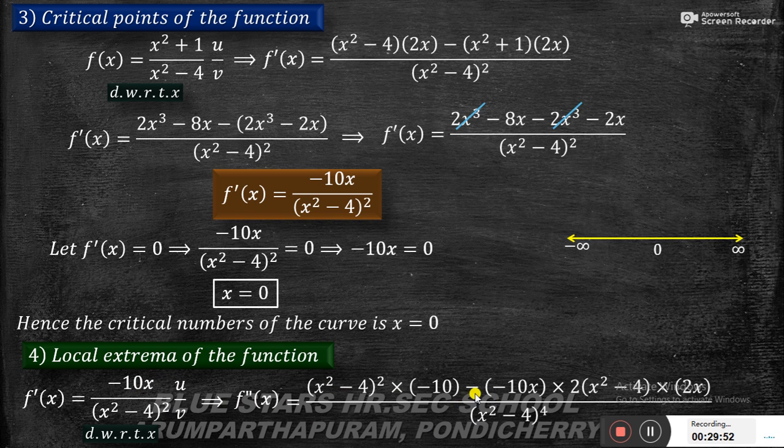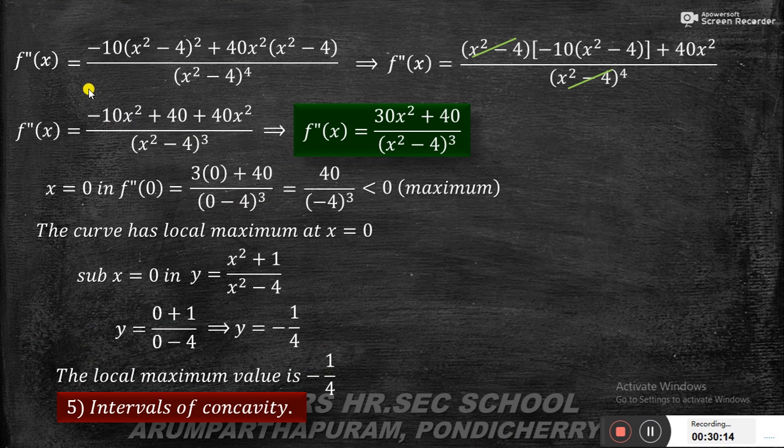Next, minus the numerator minus 10x into the differentiation of the denominator: 2 into (x square minus 4) into 2x.